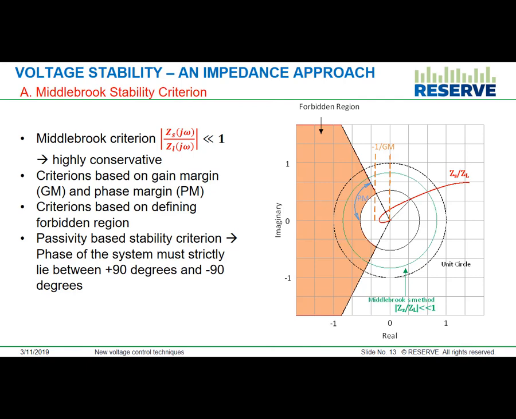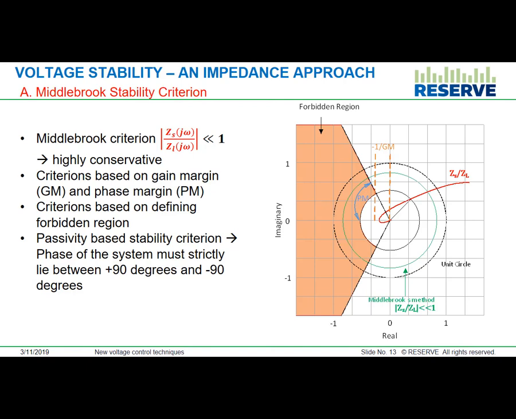This means that the system will of course be stable, but that doesn't mean that if there is a plot, or if there is this curve which doesn't satisfy this criterion, it won't be stable. So it's only a sufficient condition.